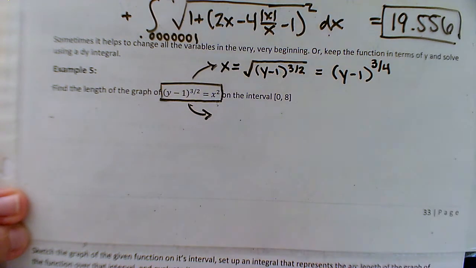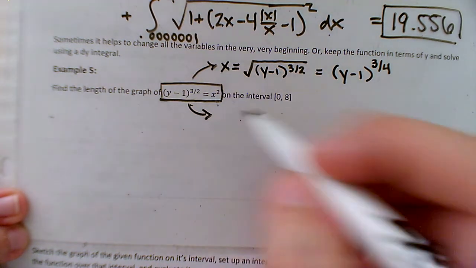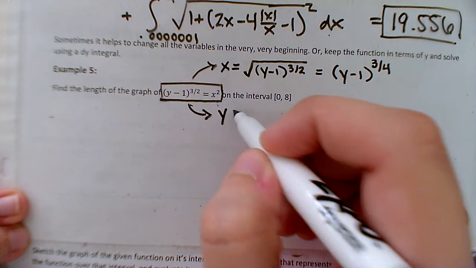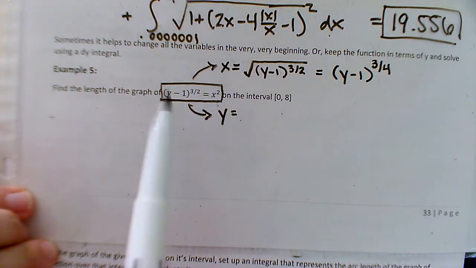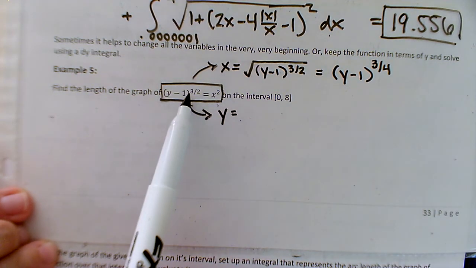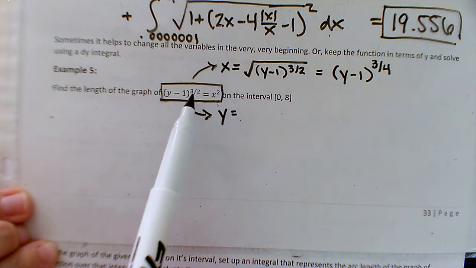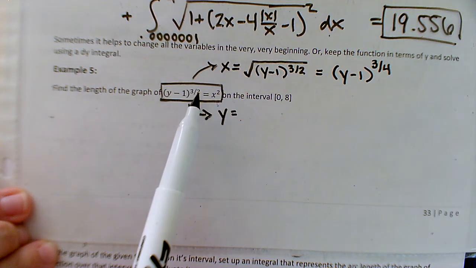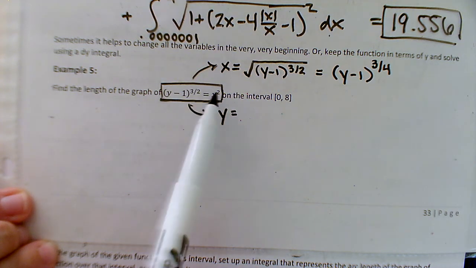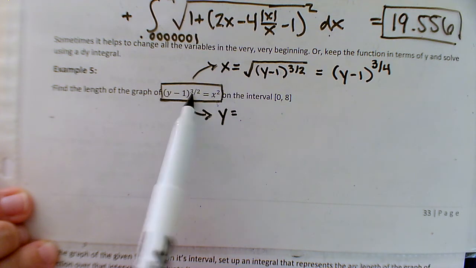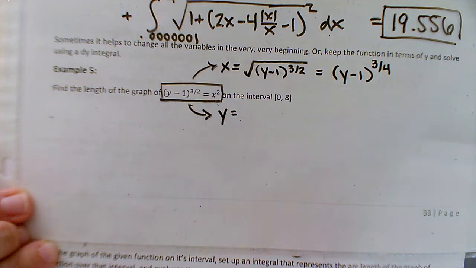Okay, so let's go ahead and maybe solve for y in the other case. Let's see. To move over the power of 3/2, the division of 2 is symbolizing a square root. So if you squared both sides, this would be x to the 4th. But then we have to get rid of a power of 3, which would be a cubed root, right?